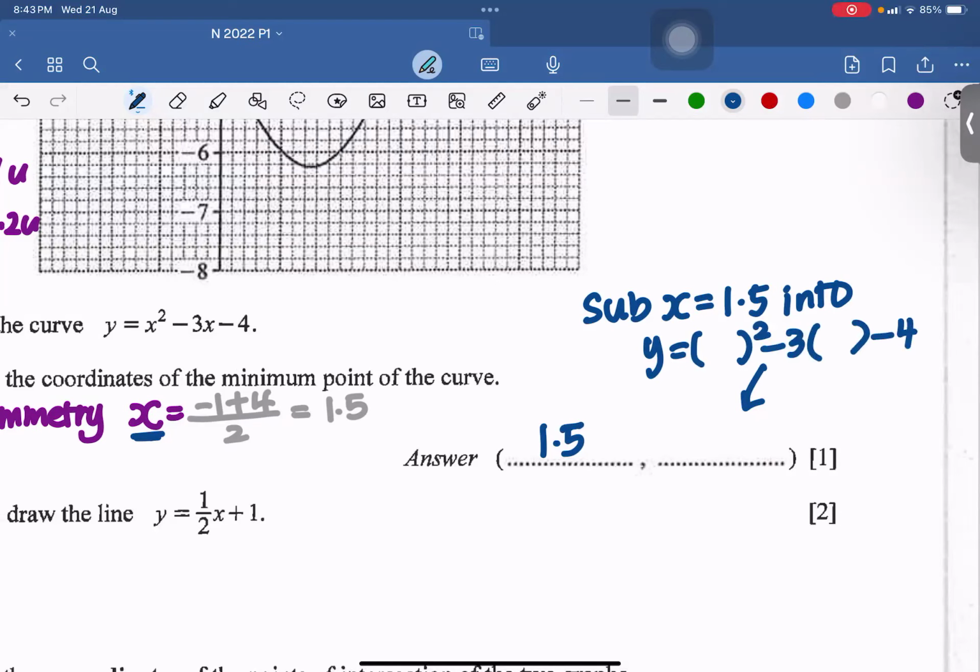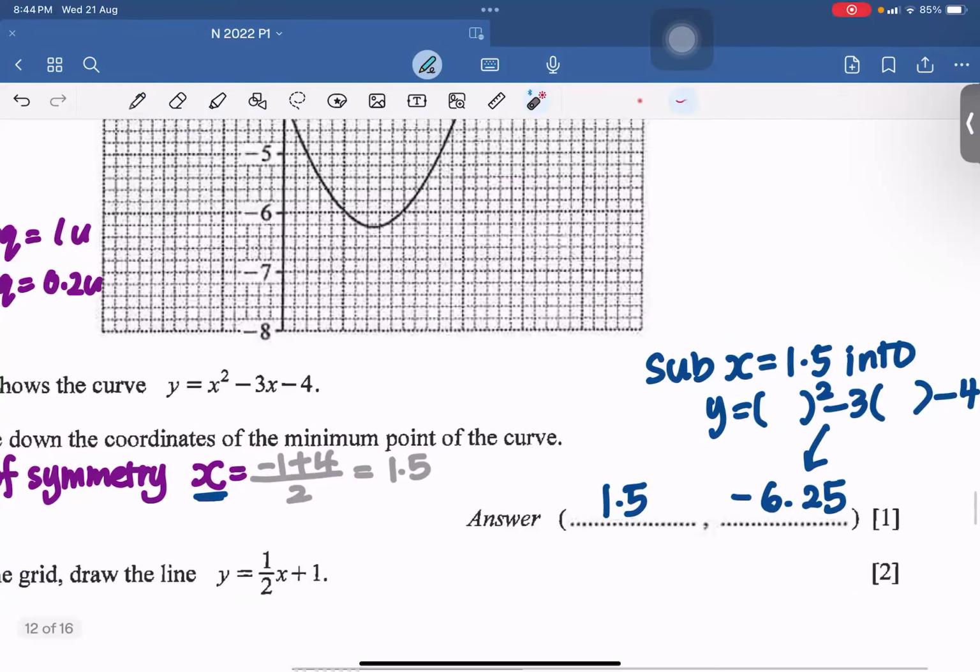Using my calculator, 1.5 squared minus 3 times 1.5 minus 4. I got a fraction, so I should change it to a decimal or a mixed number or improper fraction. Both can. And I got -6.25.